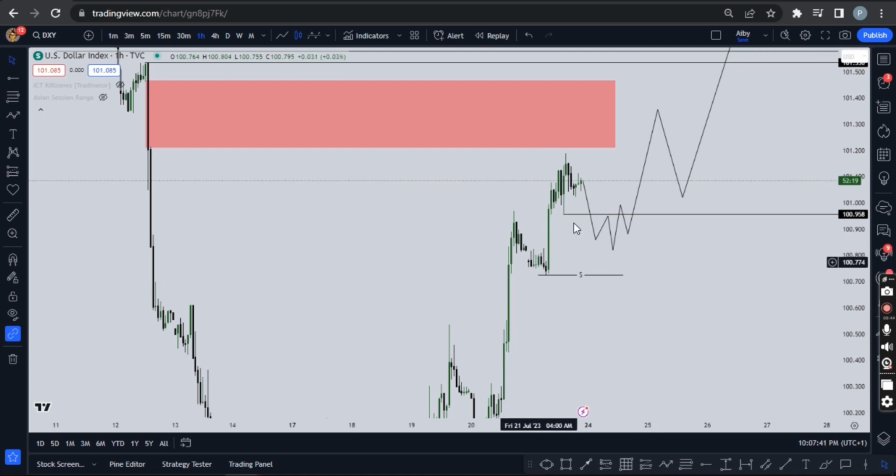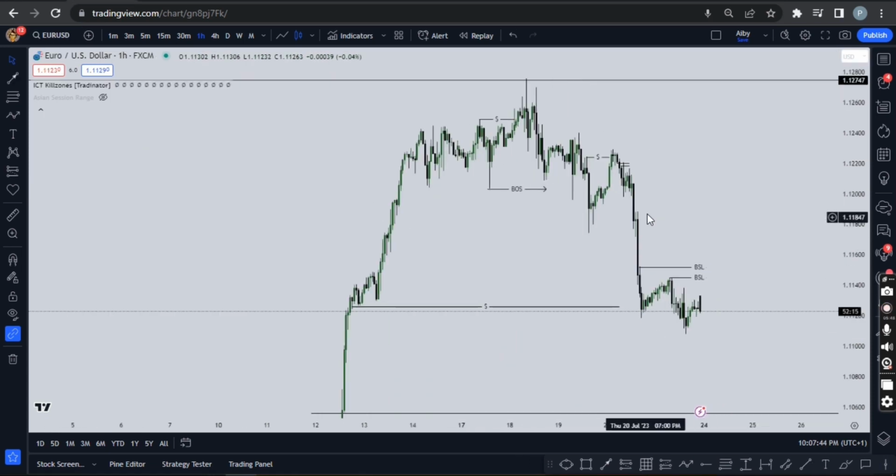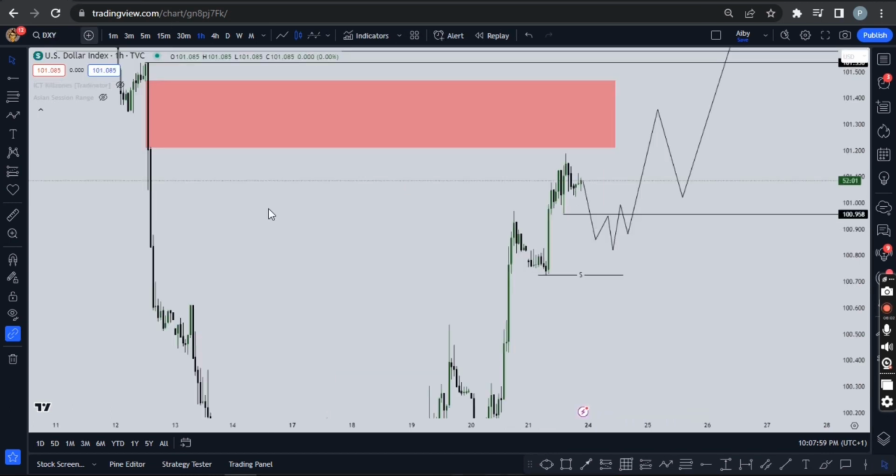If I look at how the chart is right now, remember I said that Euro USD might want to move up to this extent, which is under low probability. If Euro USD should do that, move up to this place, then for sure DXY will want to take out this liquidity here and drop lower.